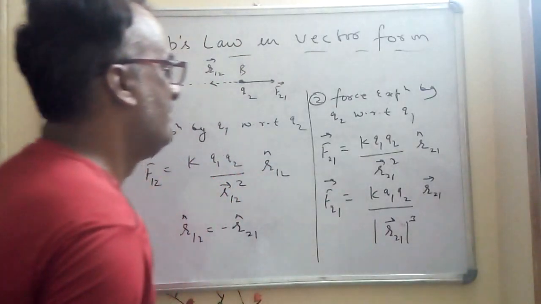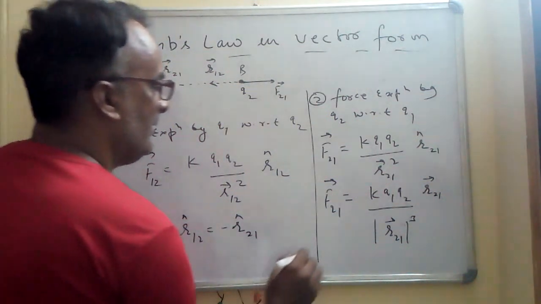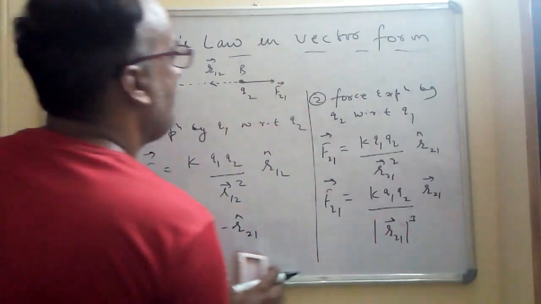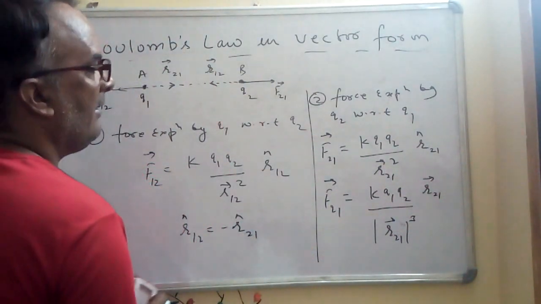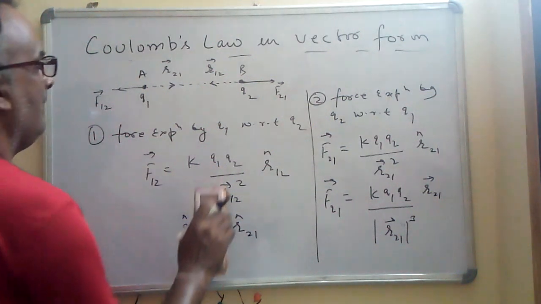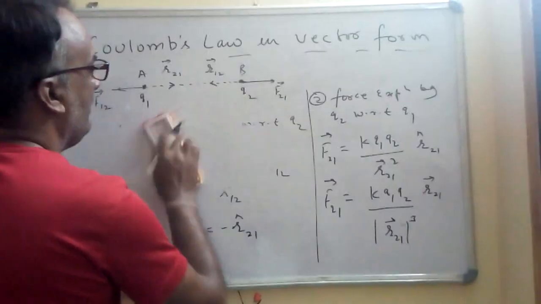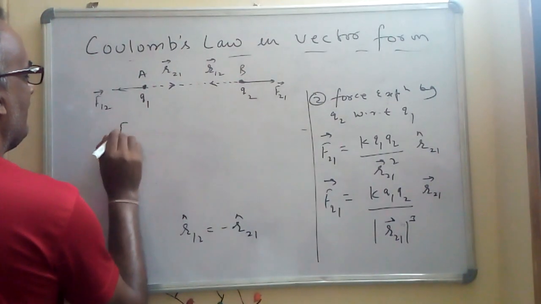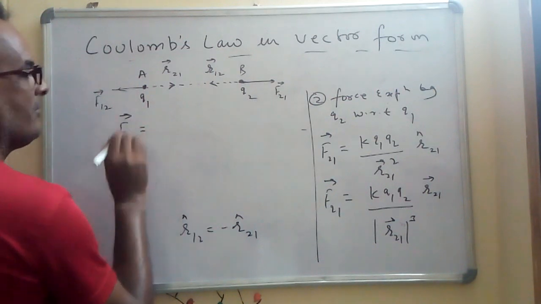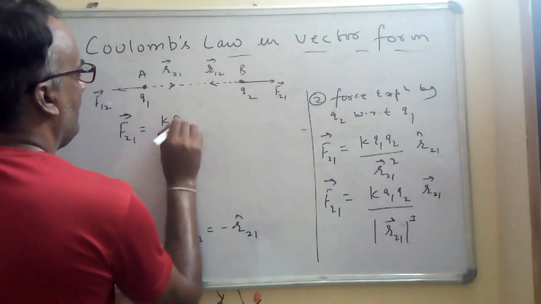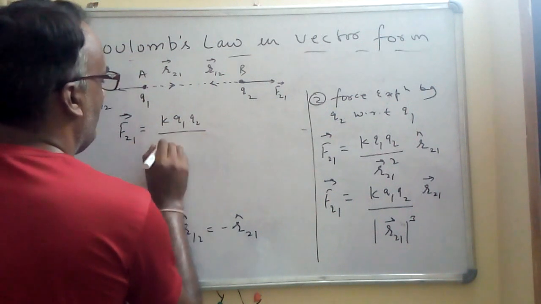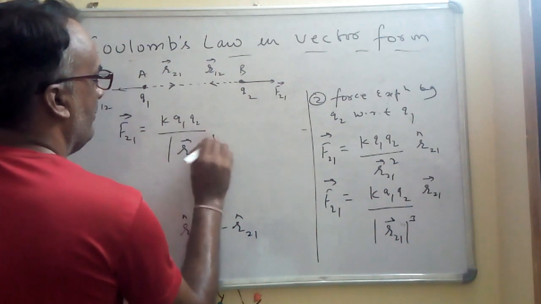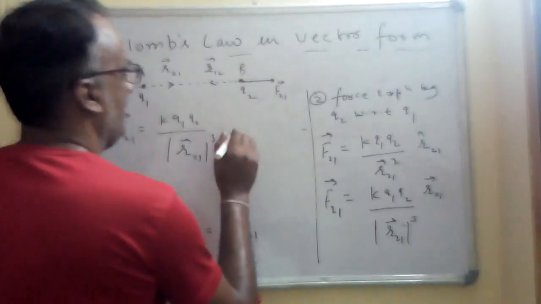So you can also write like this. Now this can also be rewritten like this, you see. So we can rewrite it like this, that is F21 equals KQ1Q2 upon modulus of R21 whole cube into that.